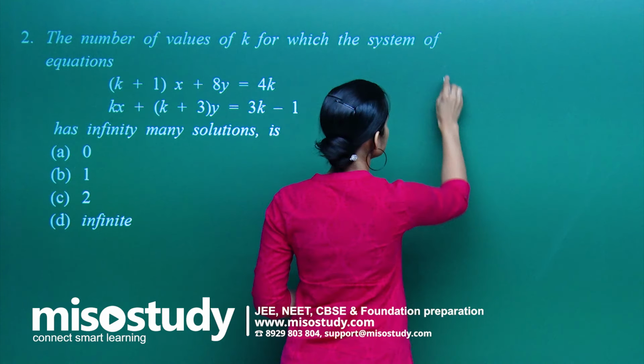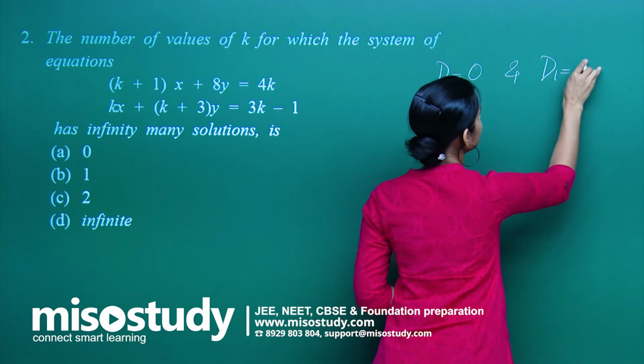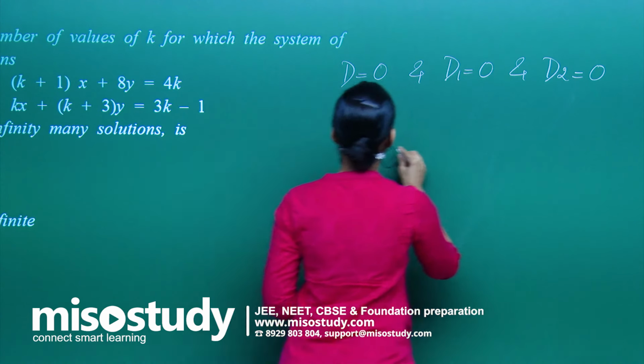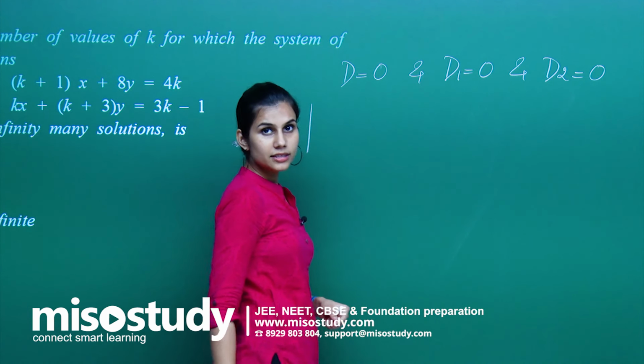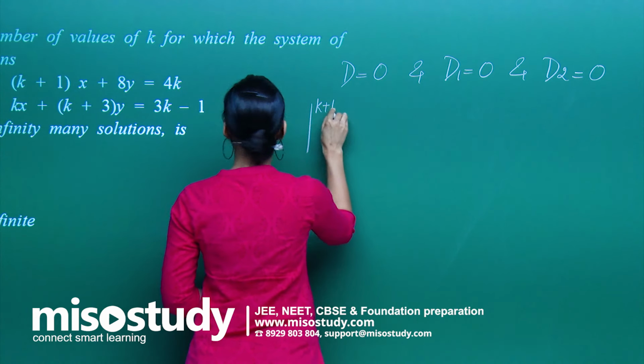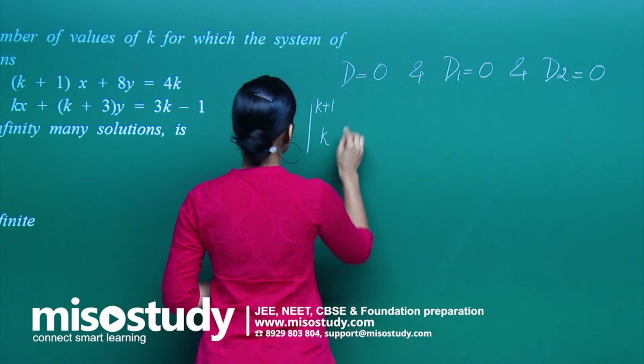What do I mean by this? d is 0 and d1 is 0 and d2 is 0. What is d? The determinant of the coefficient matrix, which is k plus 1, k, 8 and k plus 3.